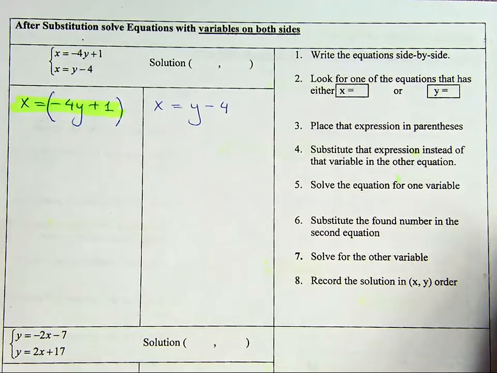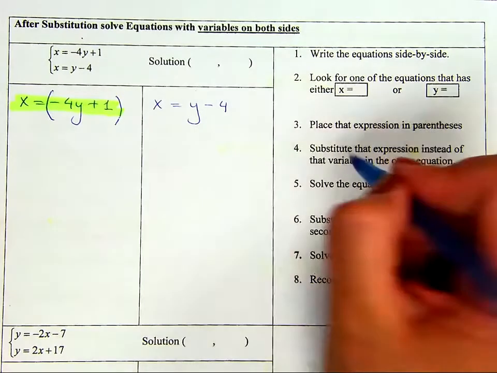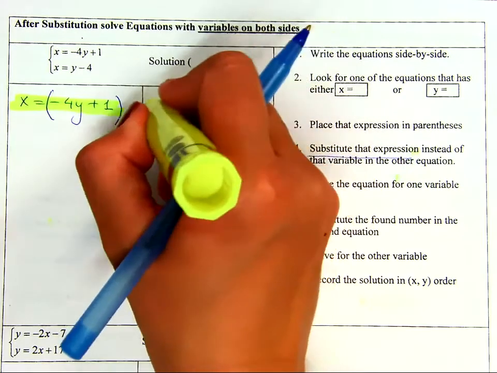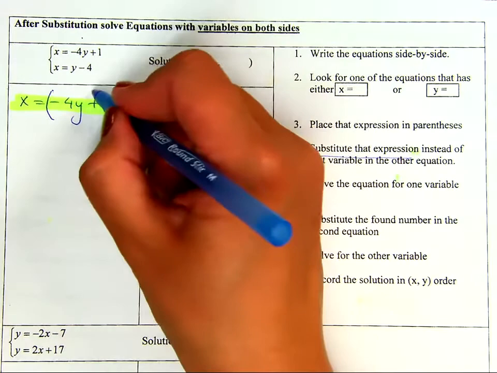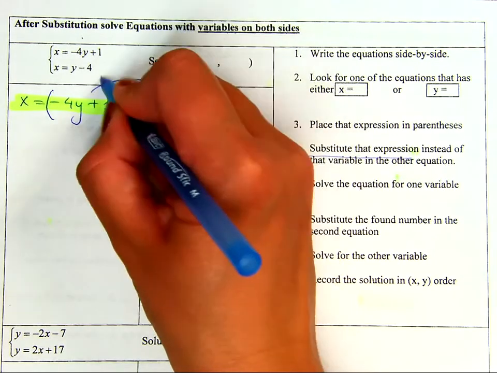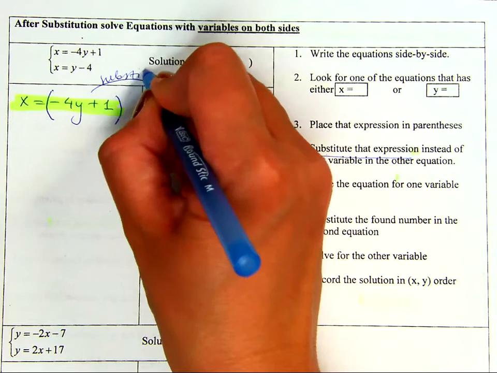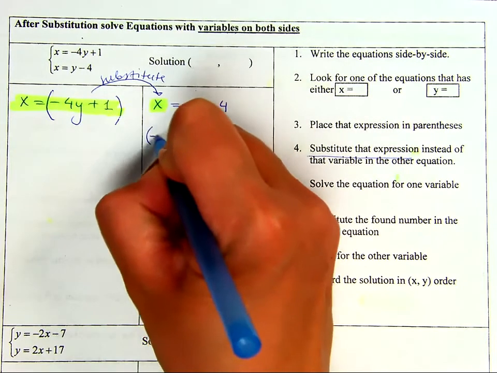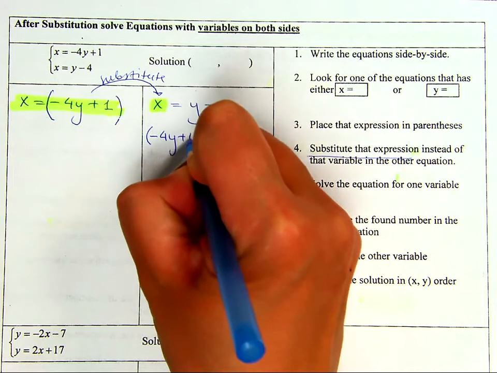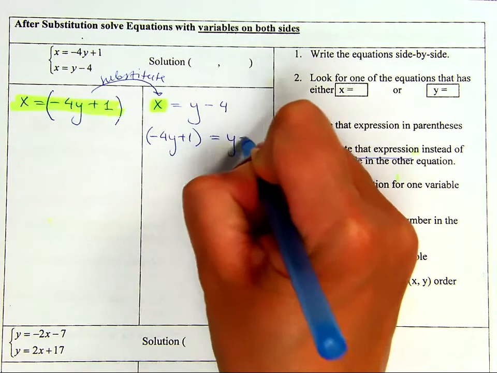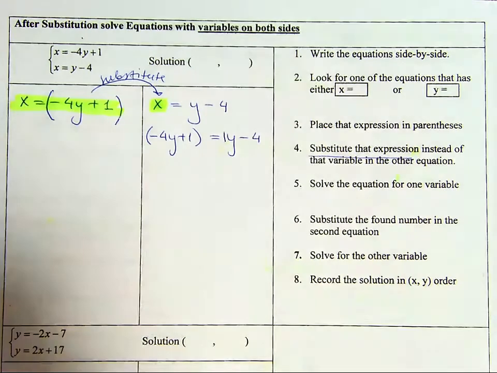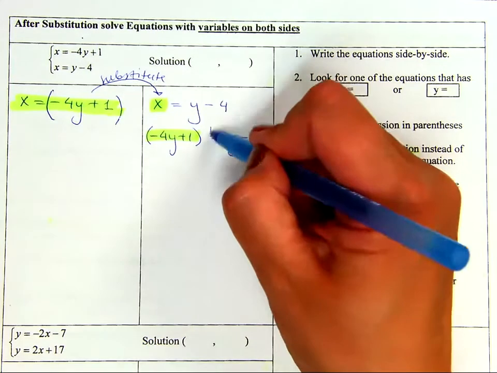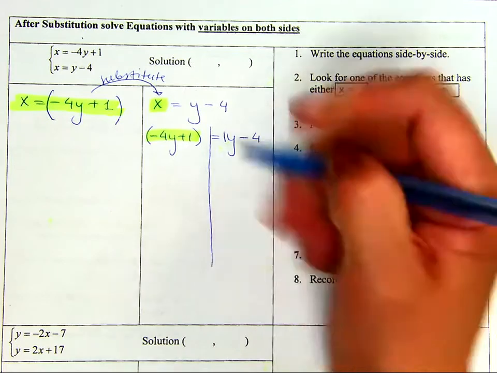What we're going to do is place it in parentheses and then substitute it instead of that variable in the second equation. The same rules apply. When you substitute, you create an equation with variables on both sides.